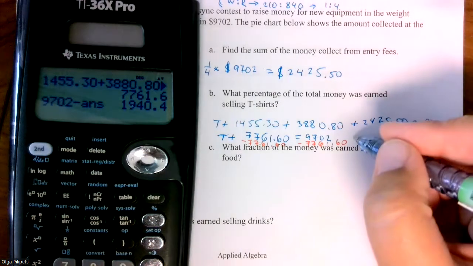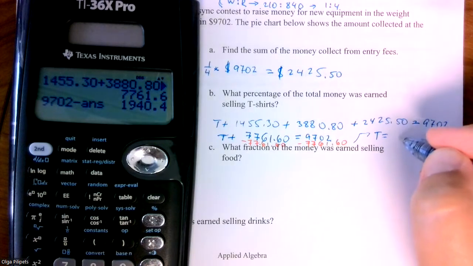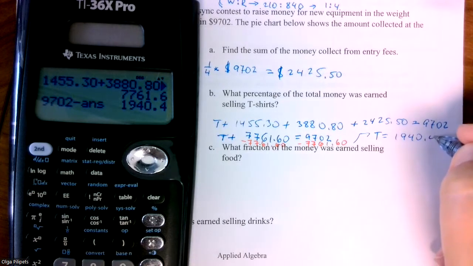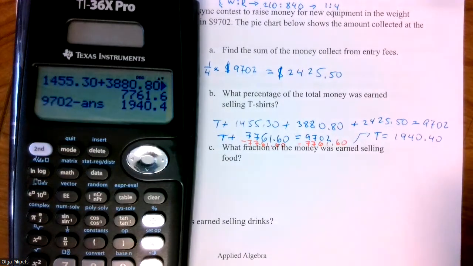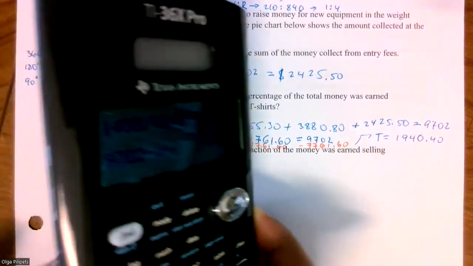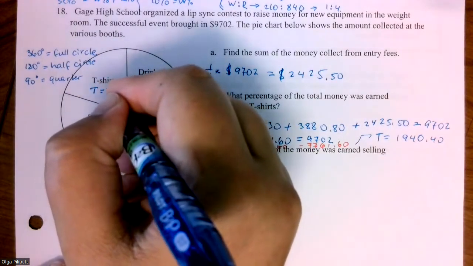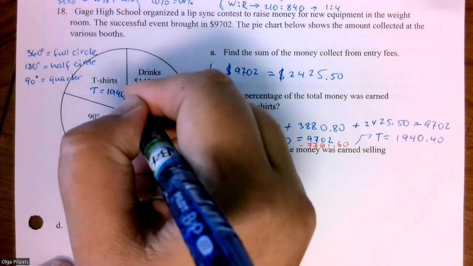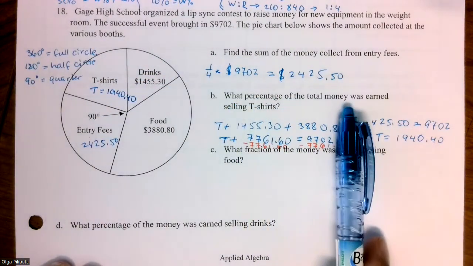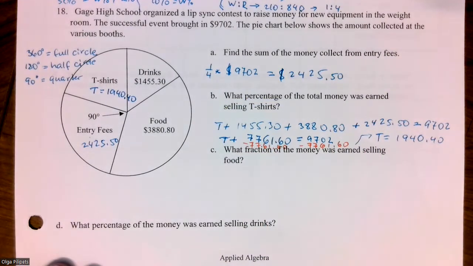And that gives me t equals $1,940.40. But notice that we haven't answered the question yet. We just found the amount raised by selling t-shirts. But the question was, what percentage of the total money was earned selling t-shirts?